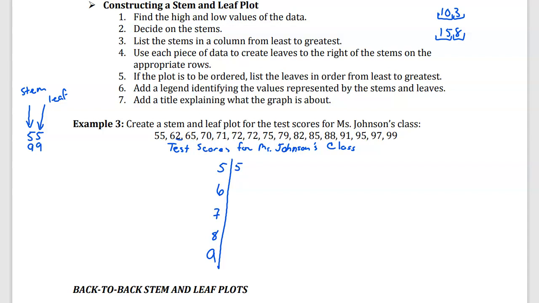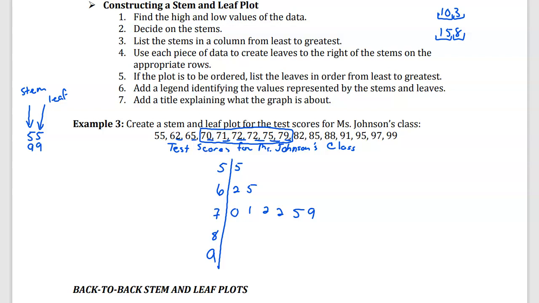On the 6, I'm going to put a 2 and a 5. On the 7, I'll put a 0, 1, 2, 2, 5, and 9. In other words, for all of the ones that start with a 7, I need each of their last digits.